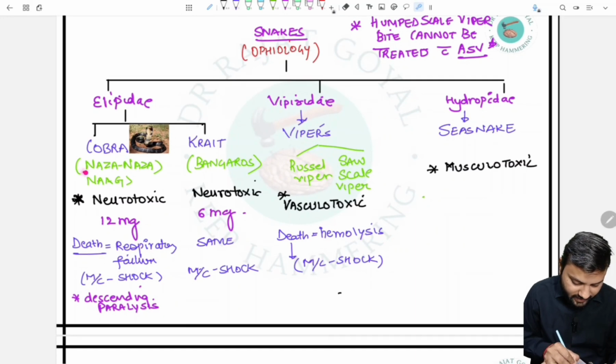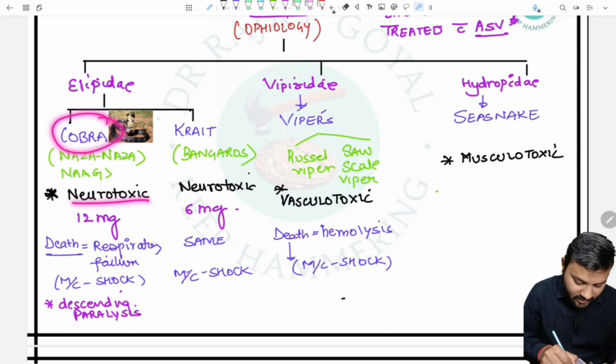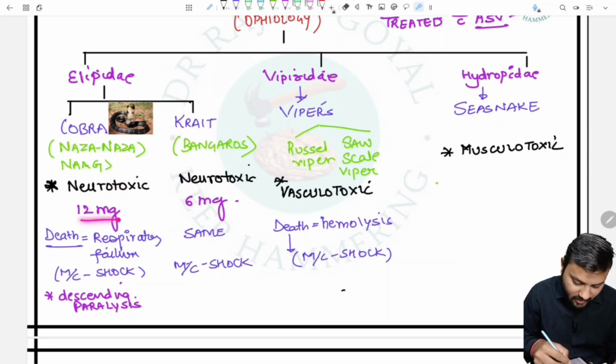Cobra is also called naja or nag, and it is a neurotoxic snake. Similarly, in the krait, also called banded krait, the toxin is neurotoxic. The fatal dose for the cobra is 12 mg, and for the krait is 6 mg.